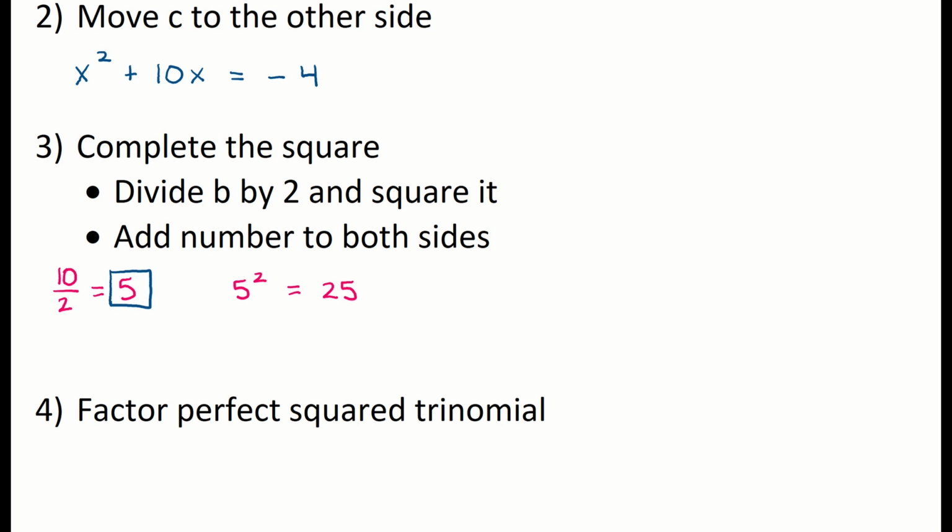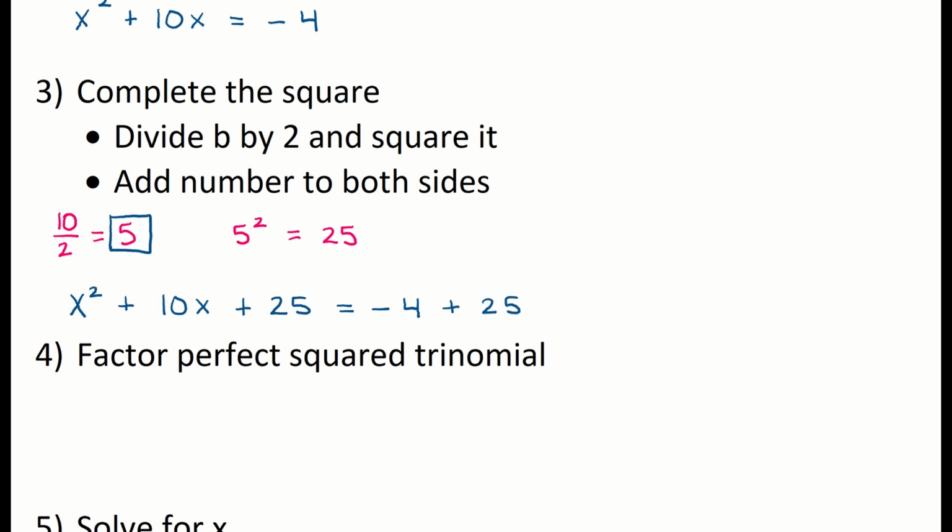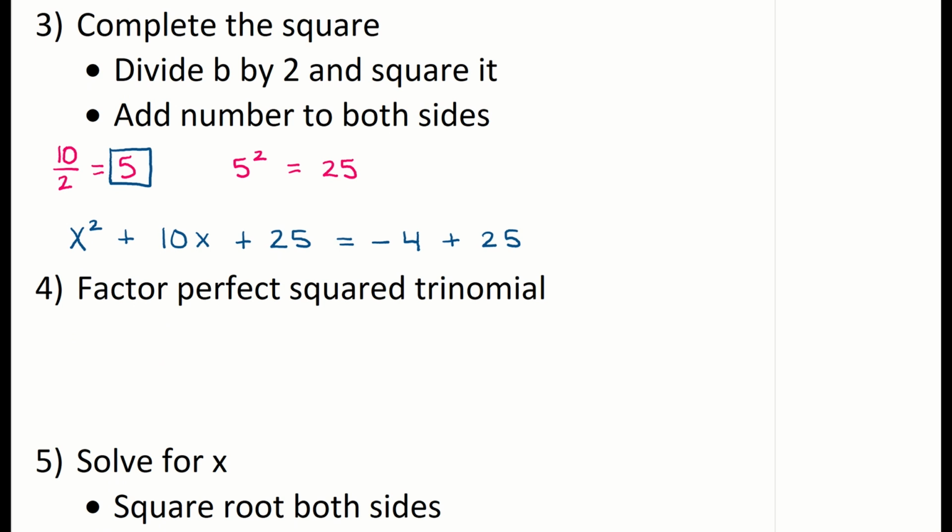So what that's going to turn into is x squared plus 10x plus 25 is equal to negative 4 plus 25. So we've added the 25 to both sides of the equation. Next, we get to factor the perfect squared trinomial.